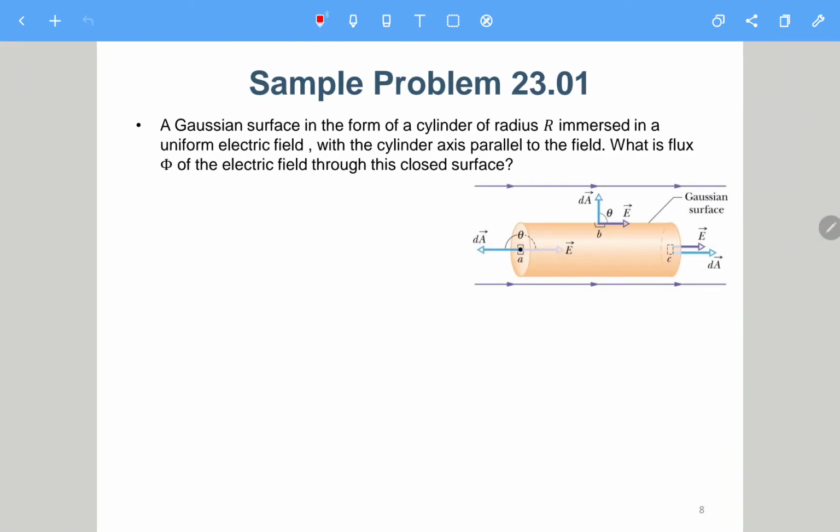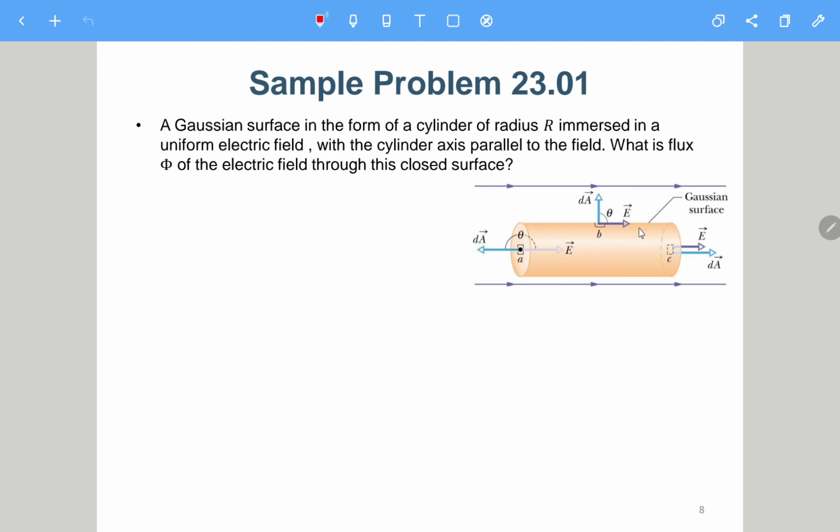Okay, we have a sample problem here. It says a Gaussian surface in the form of a cylinder of radius r is immersed in a uniform E field.